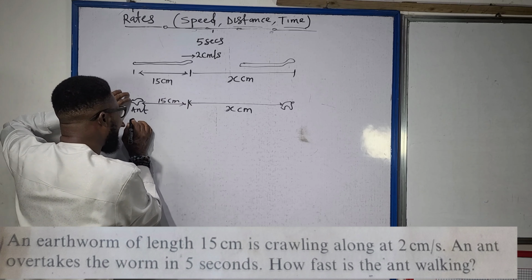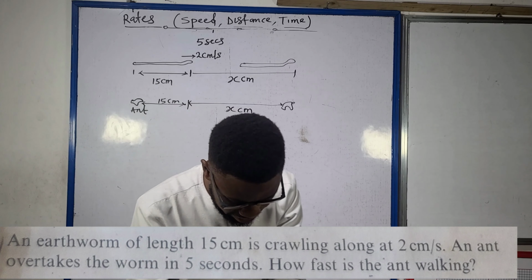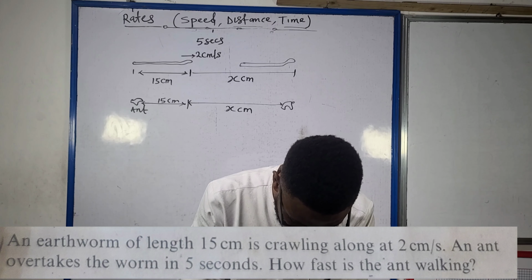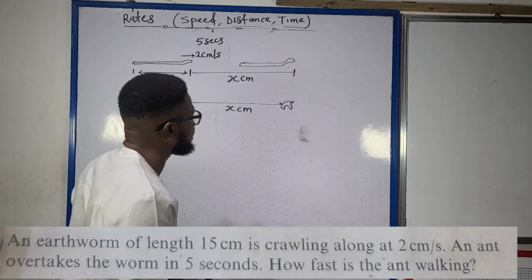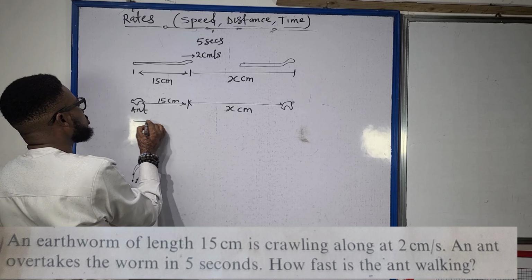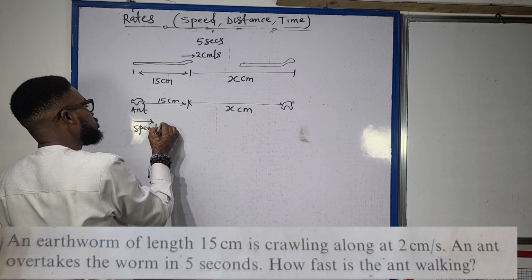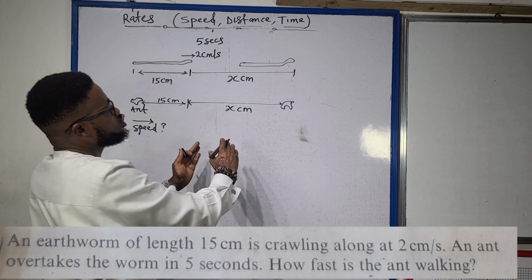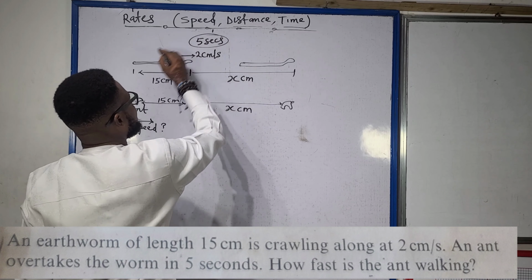So for the ant that is at the back here to overtake, you can see in the question, an ant overtakes the worm in 5 seconds. How fast is the ant walking? So what we want to get about the ant is the speed with which the ant is moving to be able to overtake the earthworm after 5 seconds.